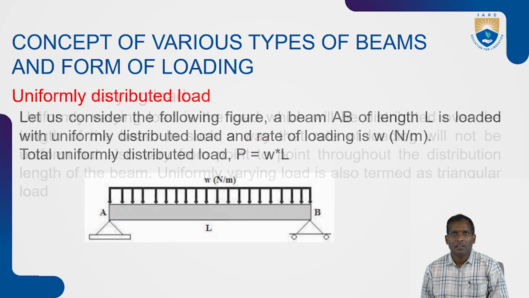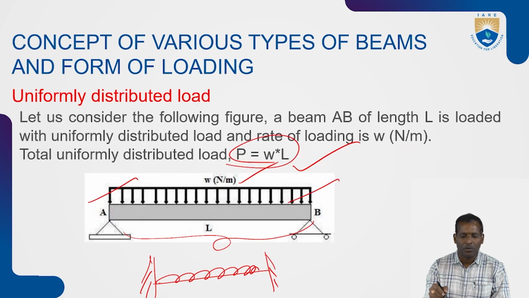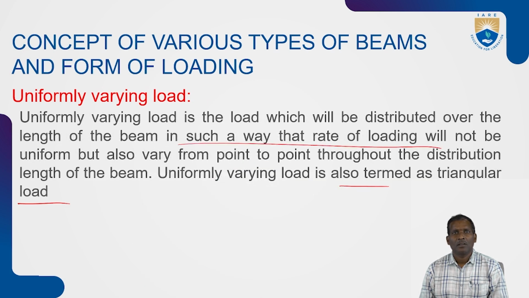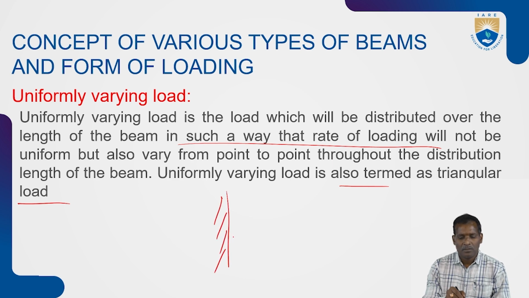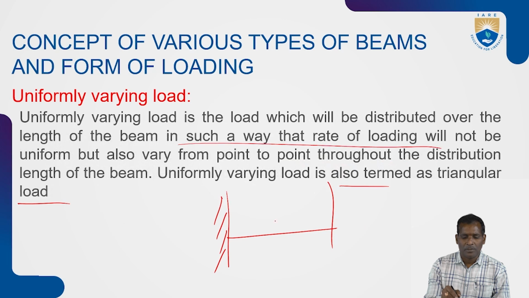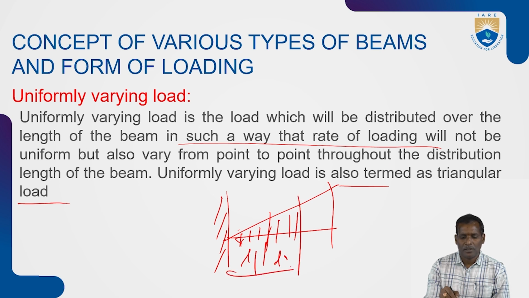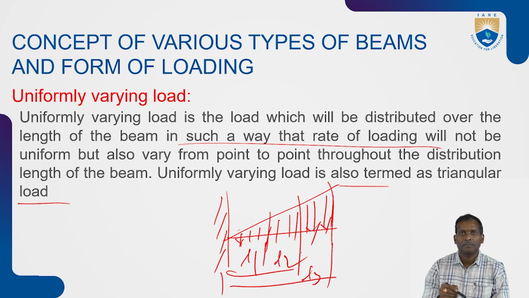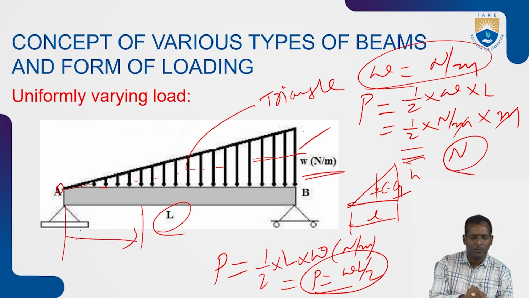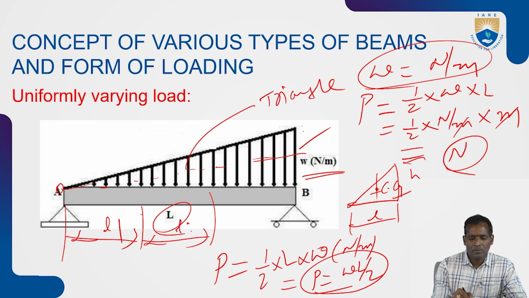Like here, the uniformly distributed load is W into L, for length L. For the varying load, see the diagram: up to here L1, up to here L2 and the remaining L3, and the load is W. So divide into different portions L1, L2 and L3.